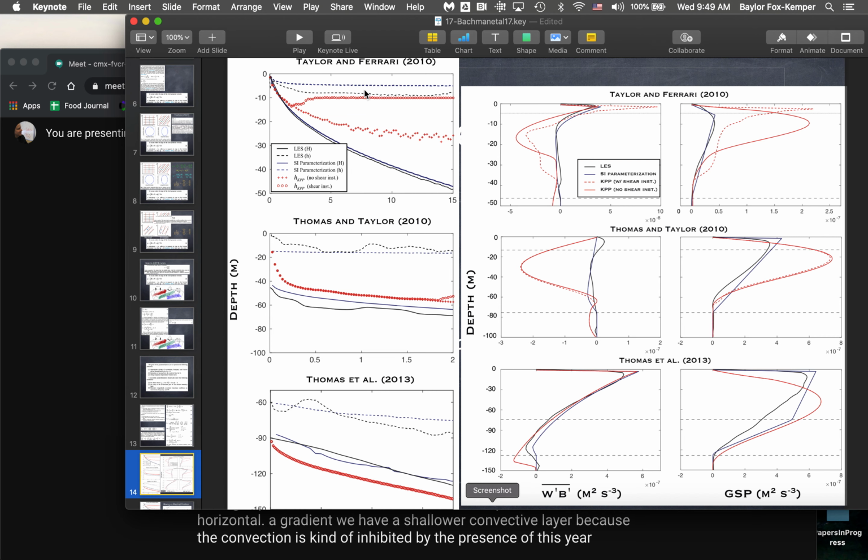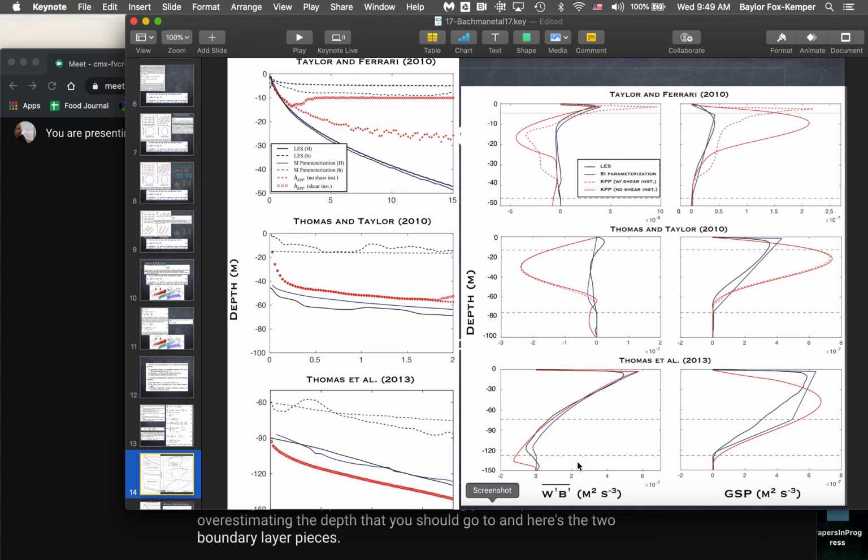In order to mix in the vertical, you have to interact with the shear production, and that makes the convective depth a little shallower, but the SI effect goes deeper. And the same is true here, a little less obviously versus KPP, and then interestingly here, KPP seems to be overestimating the depth that you should go to, and here are the two boundary layer pieces.